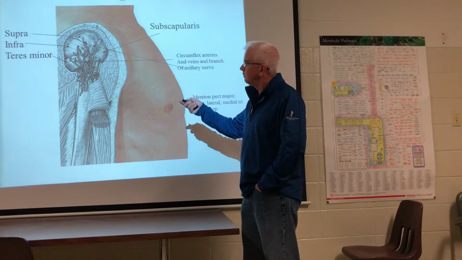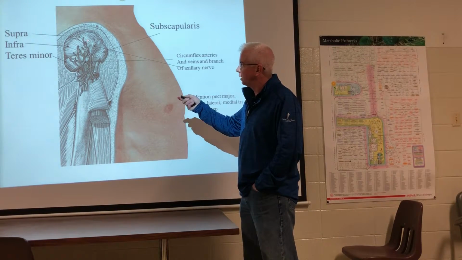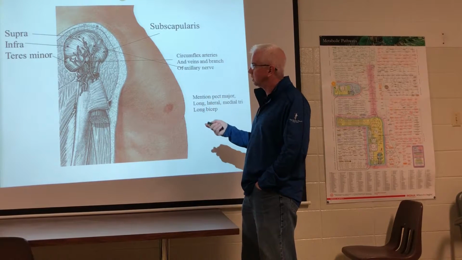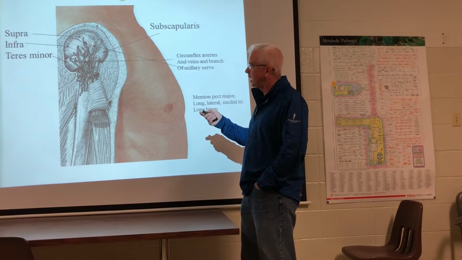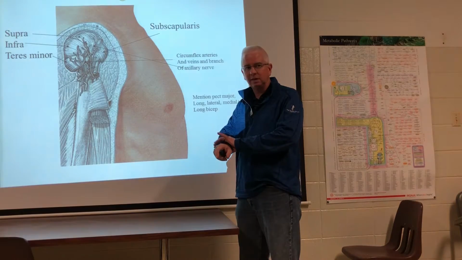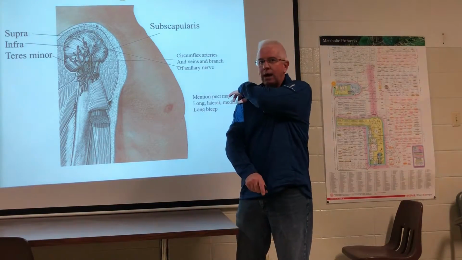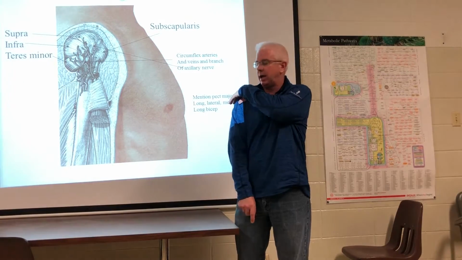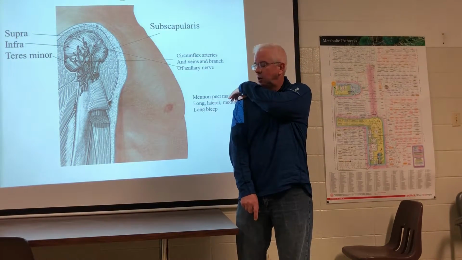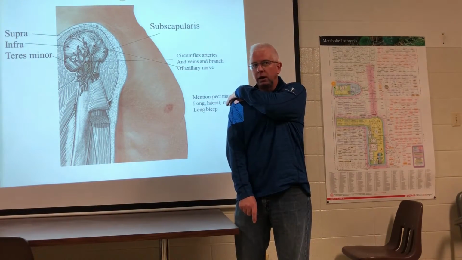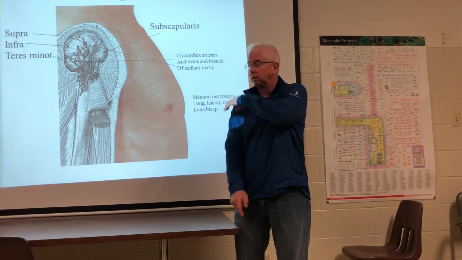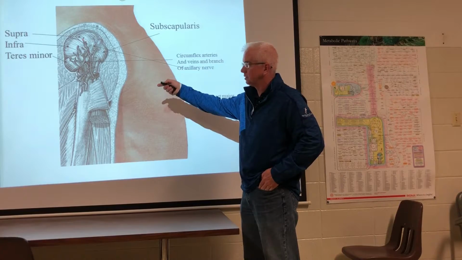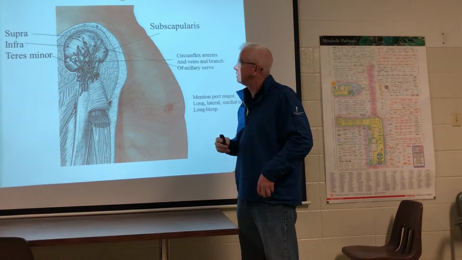In the eye of the anatomist, it looks like a cuff, almost like a sleeve, that has been wrapped around the shoulder. Most of the mass of that sleeve is on the lateral, superior, and posterior aspects. That's where the mass of that cuff is.